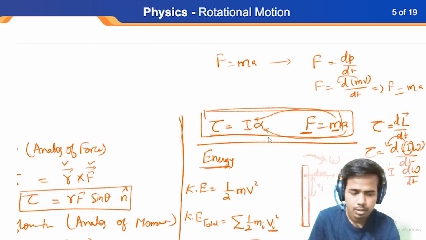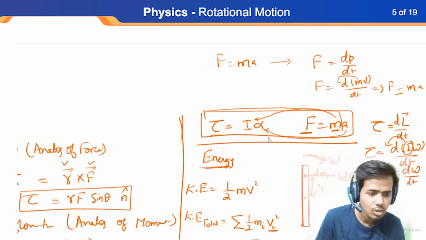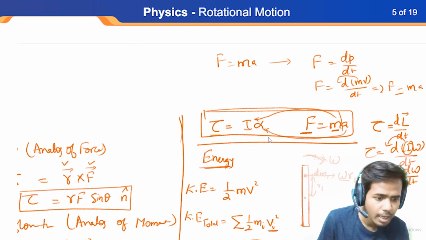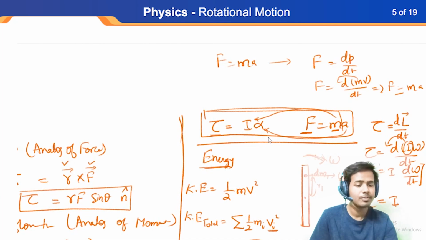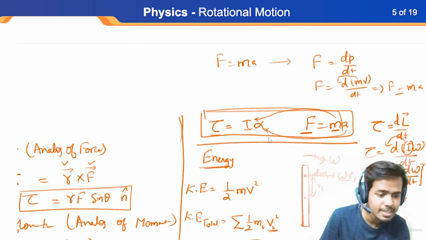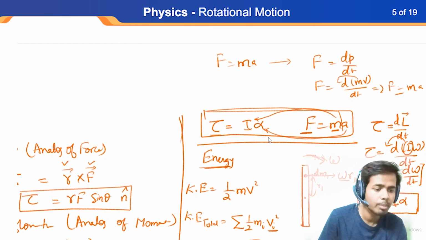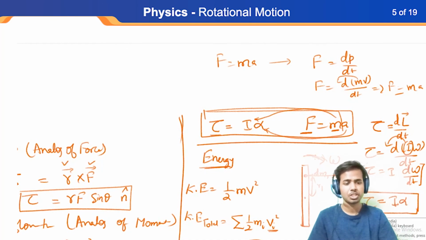Hence you have I, and the rate of change of omega, or the rate of change of angular velocity, is nothing but angular acceleration. This is how you get the analog of F is equal to ma in the realm of rotation.